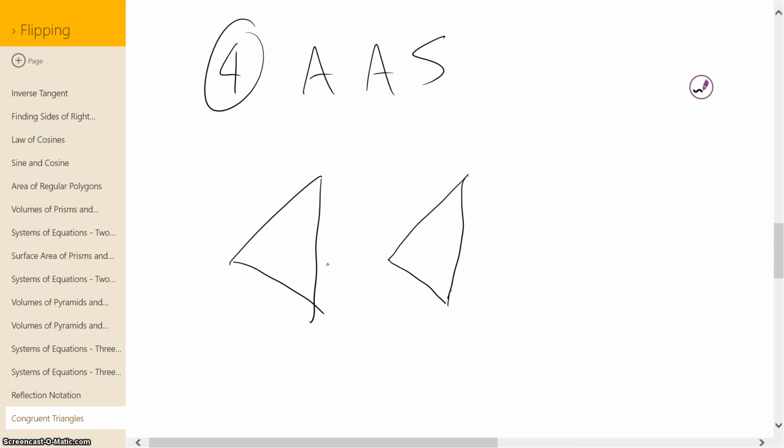Alright, so let's say you know that this angle is congruent to this angle right here, and it's congruent to this angle over here. And order is important here, so I've got angle, angle, side. Notice we don't have a sandwich here.